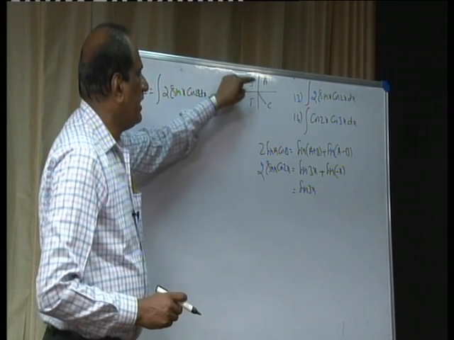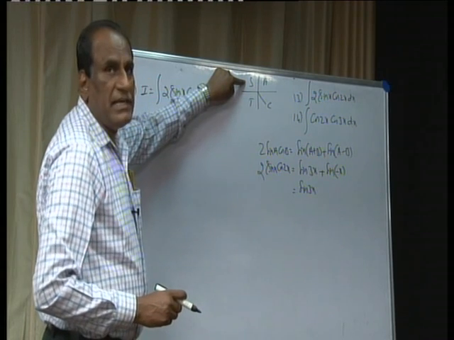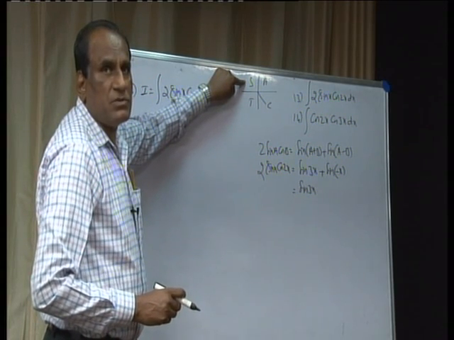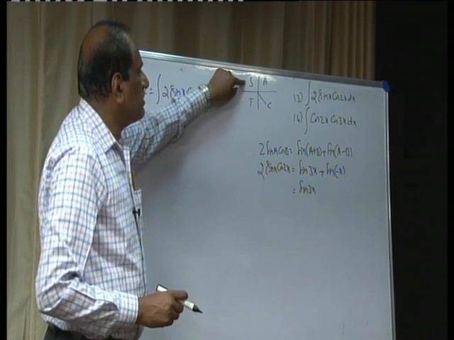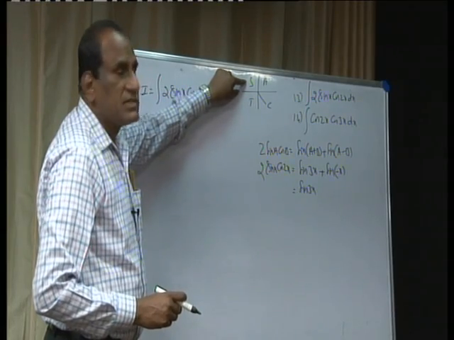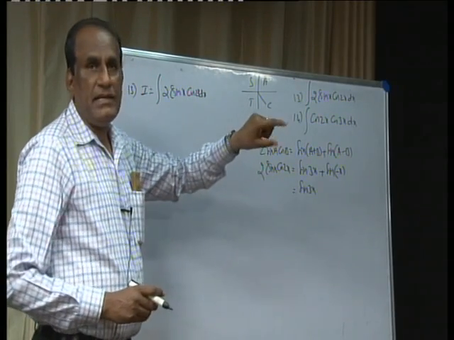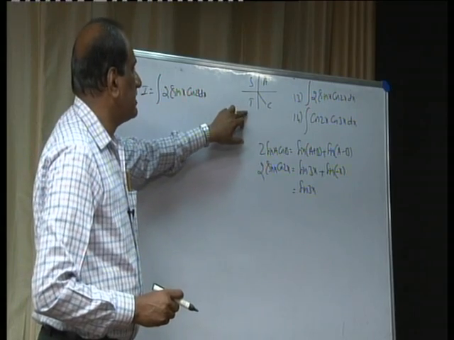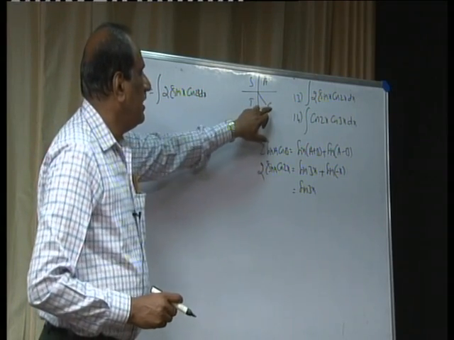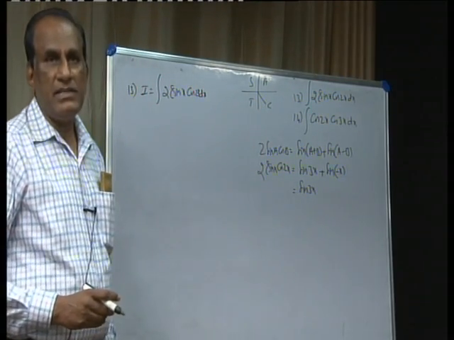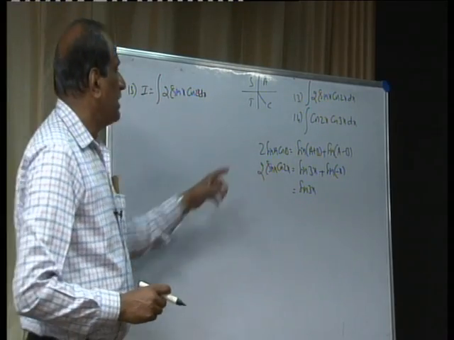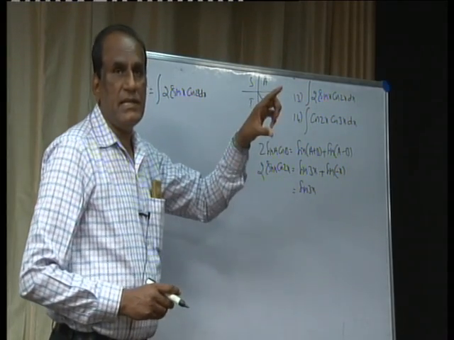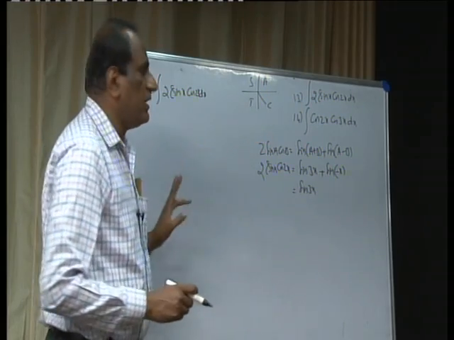In the second quadrant, sin and its reciprocal cosecant are positive, the rest are negative. In the third, tan and its reciprocal cot are positive, the rest are negative. In the last quadrant, minus theta lies, only cos and secant are positive, the rest are negative.